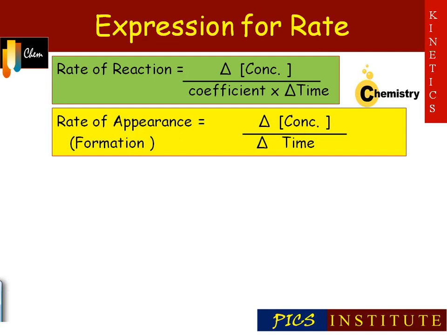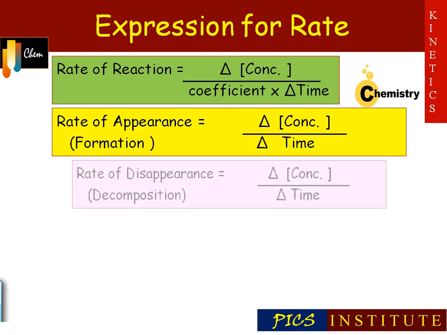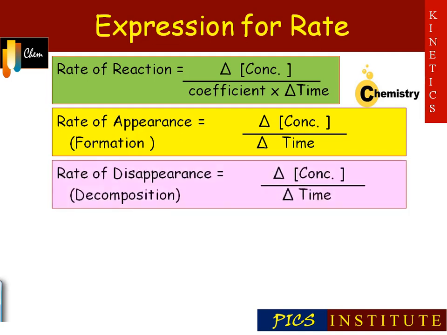For rate of appearance or formation, the expression is change in concentration divided by change in time excluding coefficient. Similarly, for rate of decomposition or disappearance, we avoid coefficient and we only use change in concentration divided by change in time.